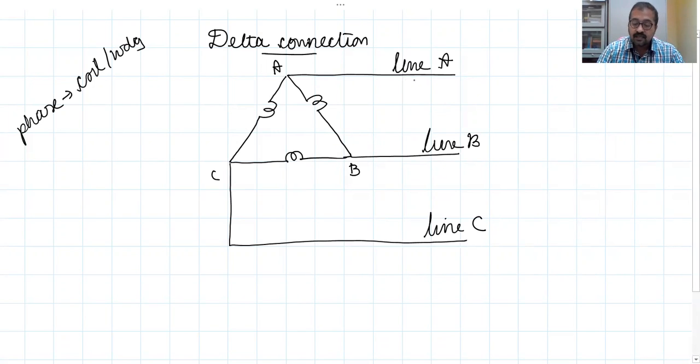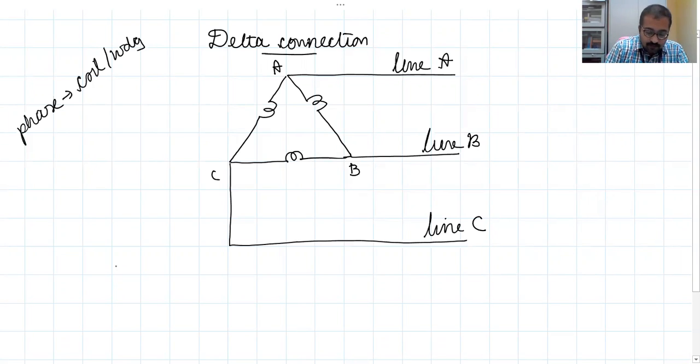If you see the voltage between lines A and B, that is nothing but the voltage across the phase AB. Similarly, the voltage between lines B and C is the same as the voltage across the phase BC, and the voltage between lines C and A is the same as the voltage across phase winding CA. So in a delta connection, line voltage and phase voltage are equal.